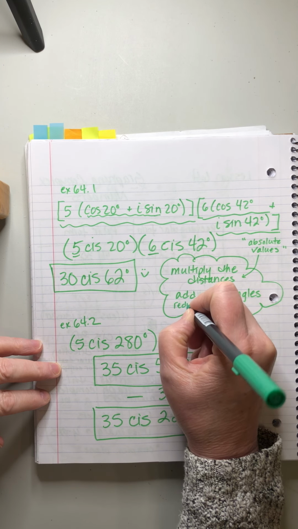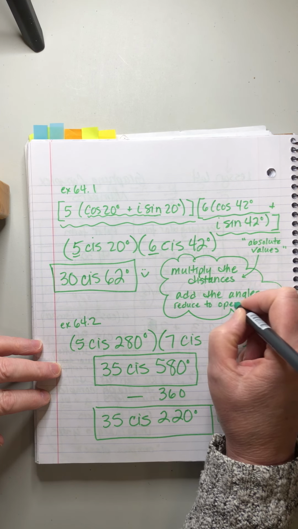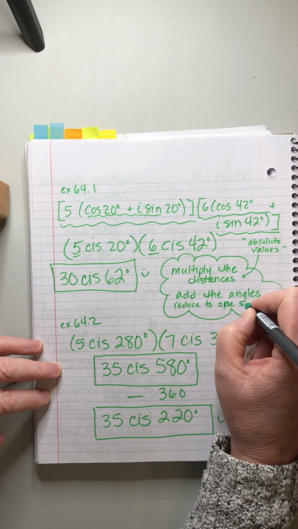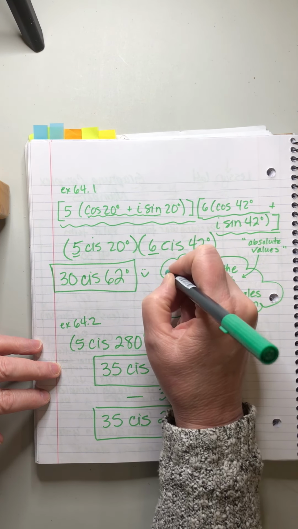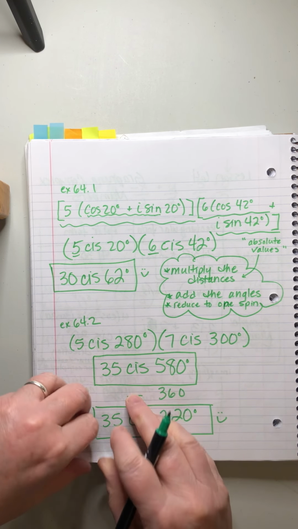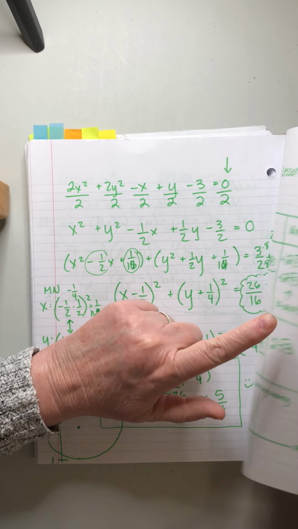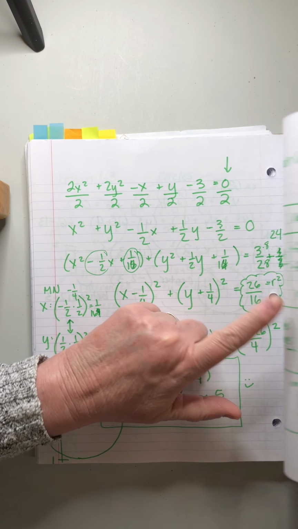I'm going to write reduce to one spin. I hope that makes some sense to you. But those are the 3 steps for multiplying the polar form of a complex number.